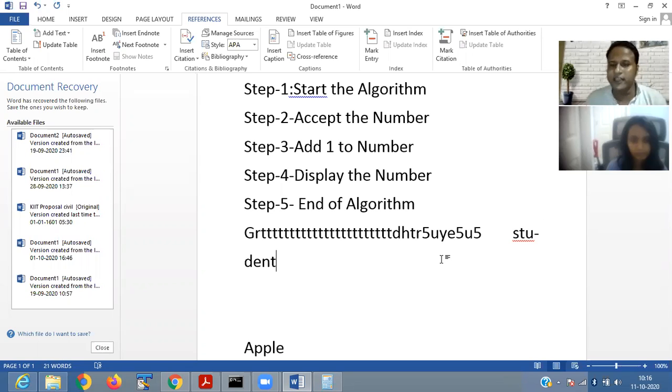So we read it as student. It means the word starts here, and because there is not enough space to write the rest, we mark a hyphen. That means it continues from the beginning of the sentence. Clear? Yeah, it is clear.